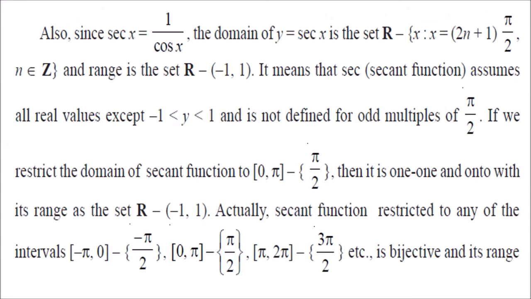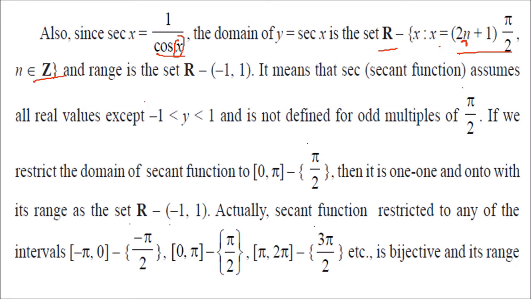Now sec x. Sec x is nothing but 1 by cos x. Again, we don't want the denominator to be 0. So for what value of x will cos x be 0? That is where sec x will be undefined. The domain is all the real numbers except x equal to an odd multiple of pi by 2, where n belongs to Z, that is the integer set.